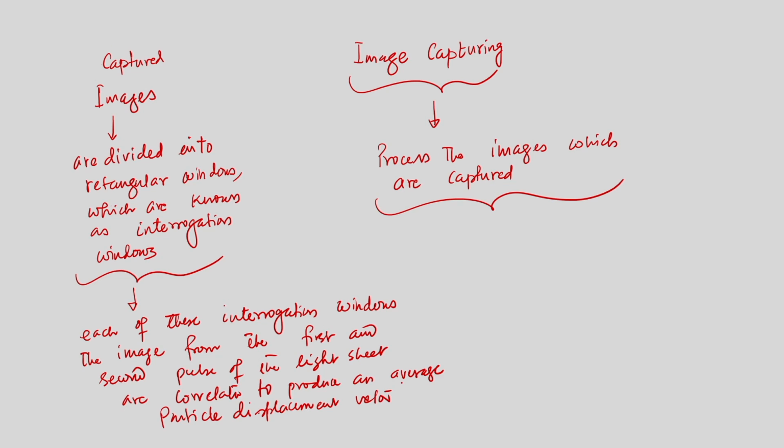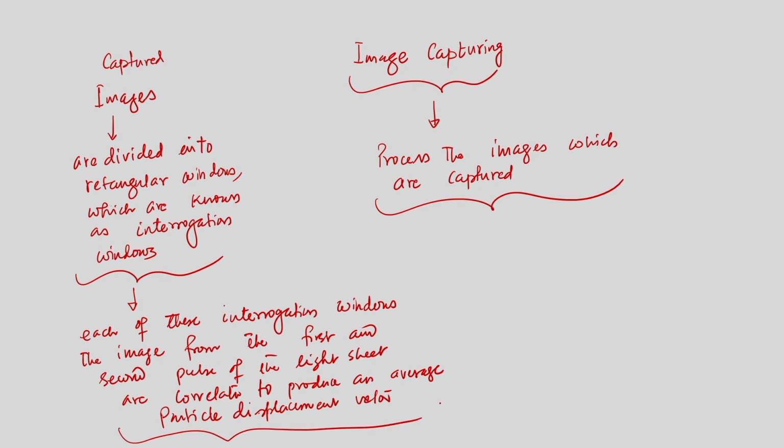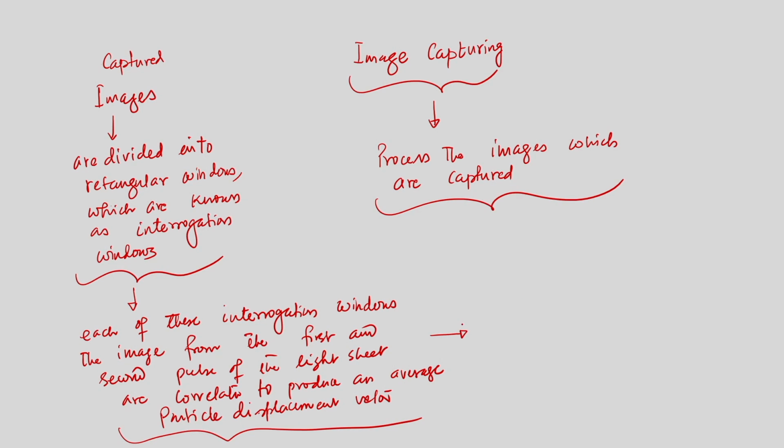That means the camera will capture the image. Now, the images captured by the camera will be post-processed to give the output, that is, the output in terms of the velocity of the fluid, which is what we are looking for. So, this is the particle displacement vector.